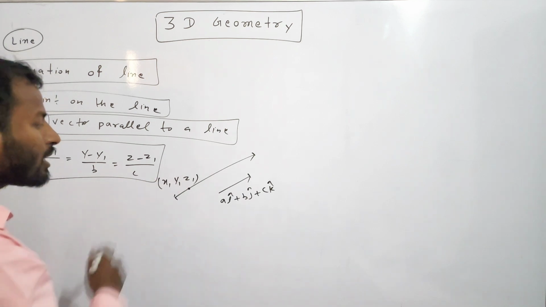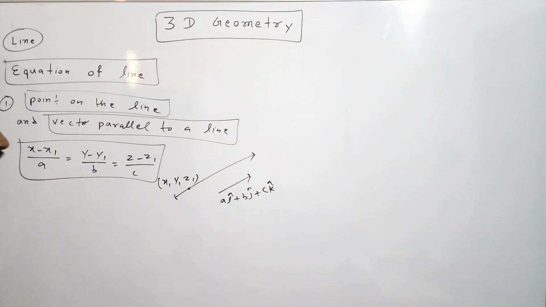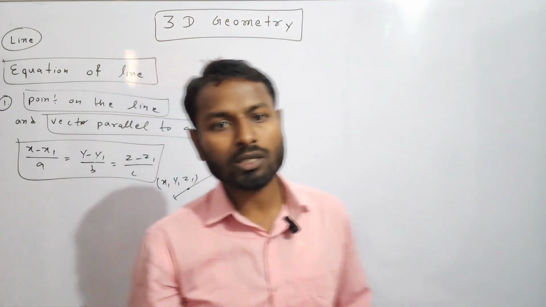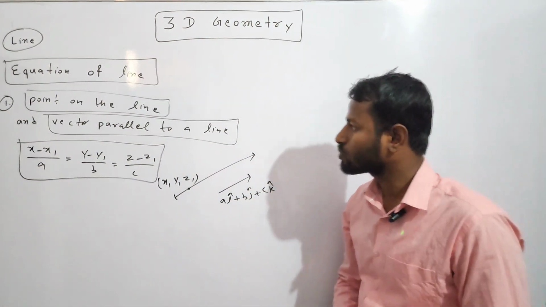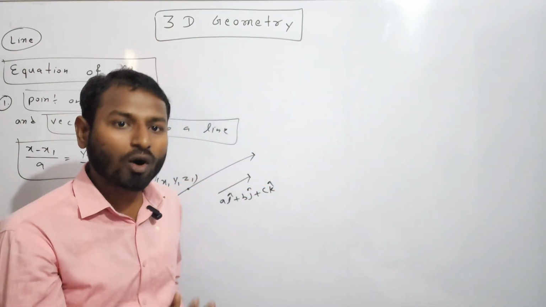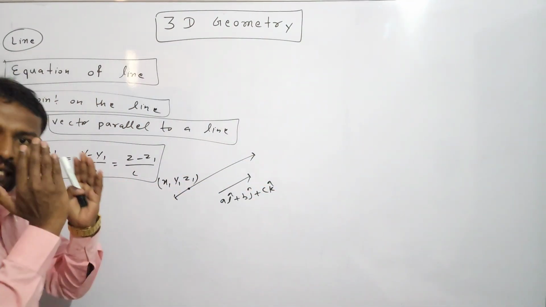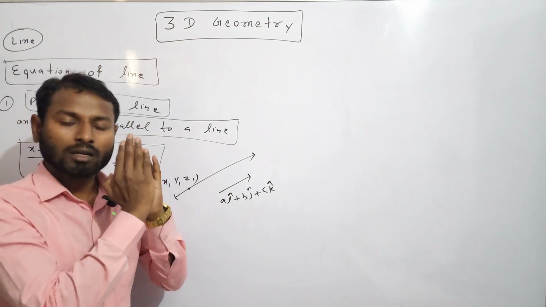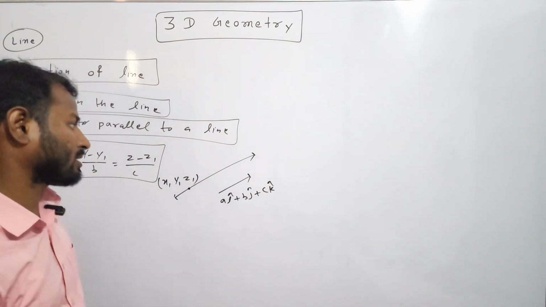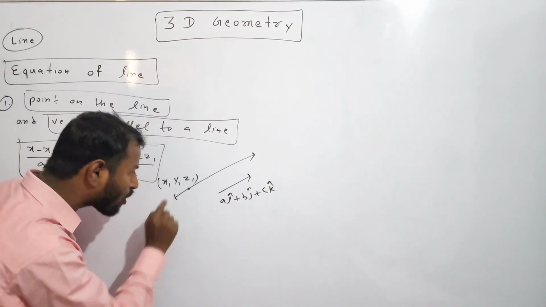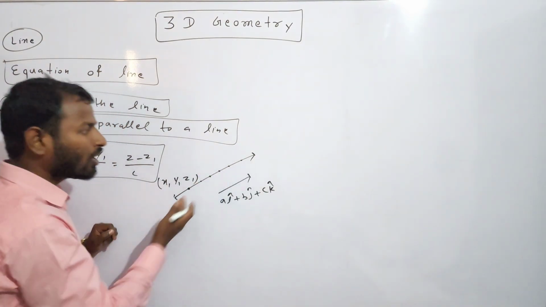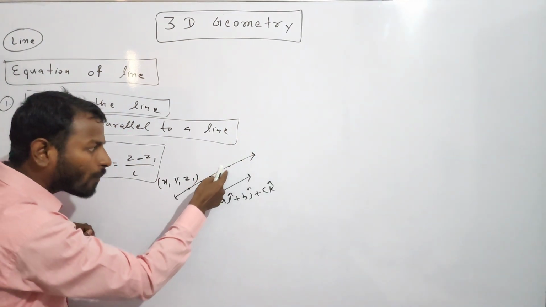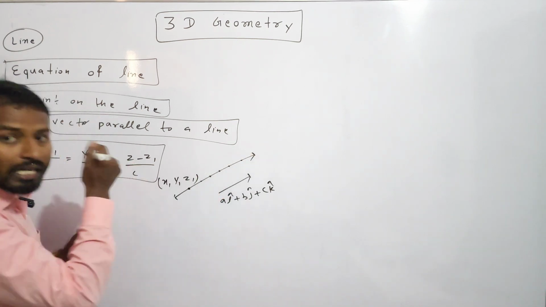So let's try to understand. First of all, we have to know what the equation of a line or any curve is. Equation of line or any curve means relation between coordinates of all points lying on the curve. Let's say we have a line and all these points are lying on this line.